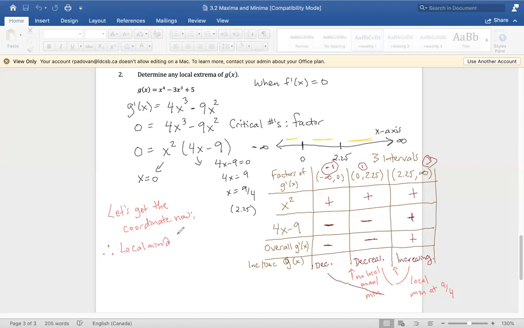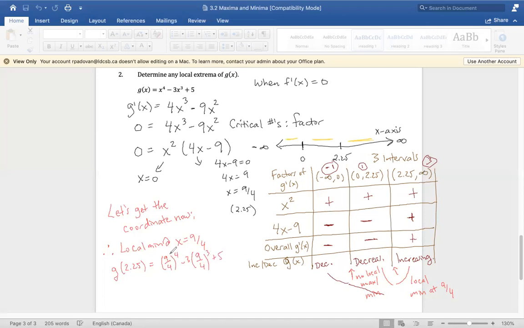At x equals 9 over 4, or 2.25, sub that into the original, remember. So g of x is now 2.25 or 9 over 4 to the power of 4 minus 3 times 9 over 4 cubed plus 5.